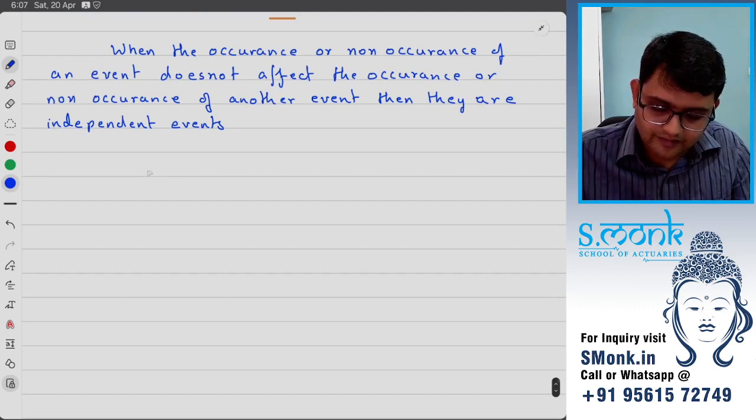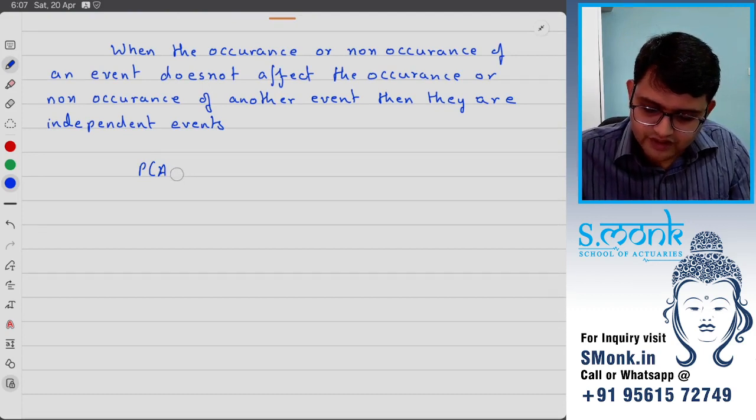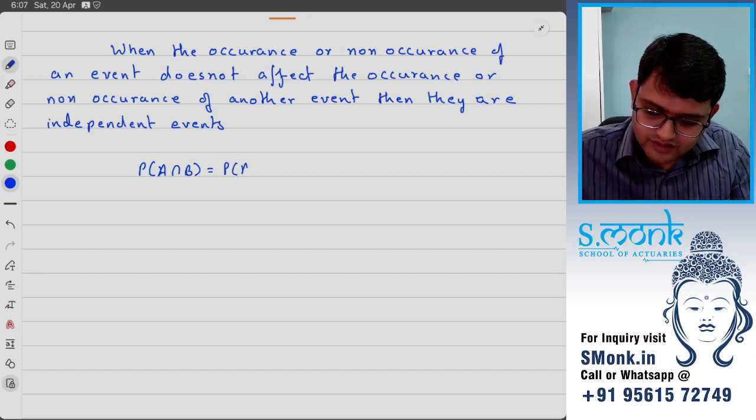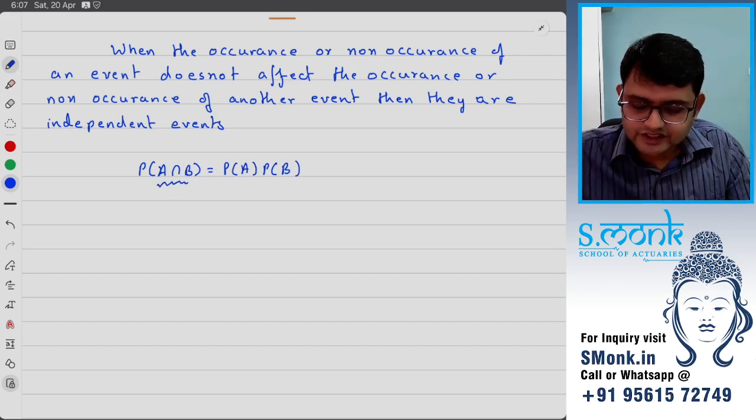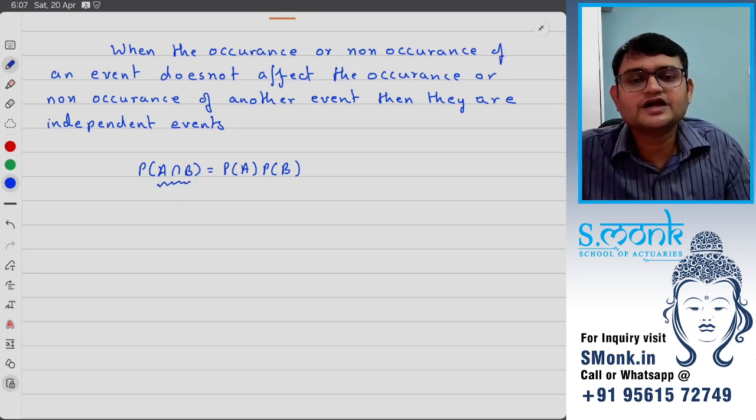Okay. Mathematically, this is how we represent it. We'll say A intersection B. That means A and B occurring together.